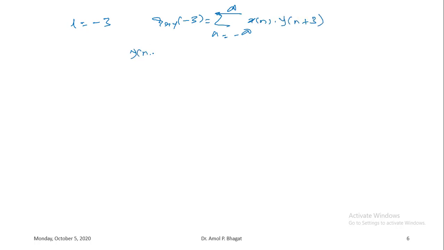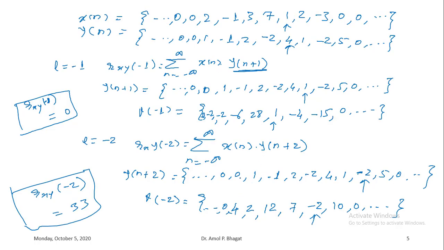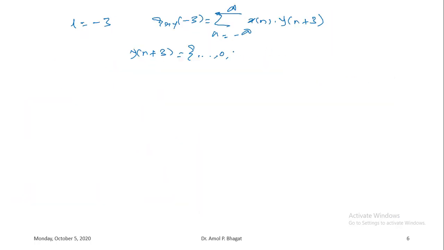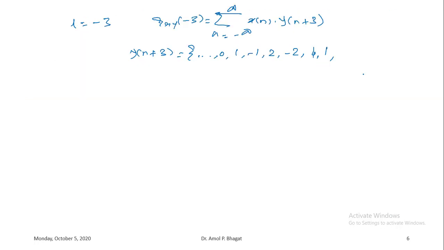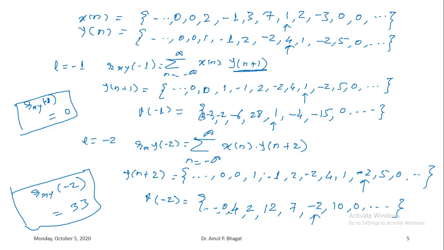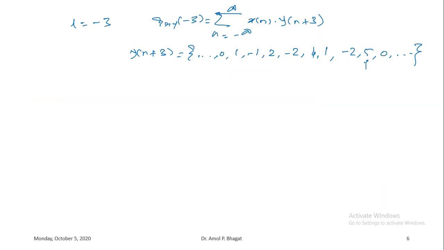Again you will write y of n plus 3 as 0, 1 minus 1, 2 minus 2, 4 1, minus 2 5, 0, and so on. So in this case the origin which was at minus 2, now it will be at 5. So again this y of n plus 3 will get multiplied with x of n. I'll denote that product v of minus 3.